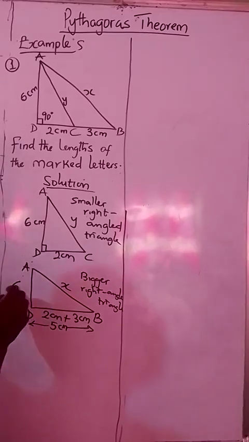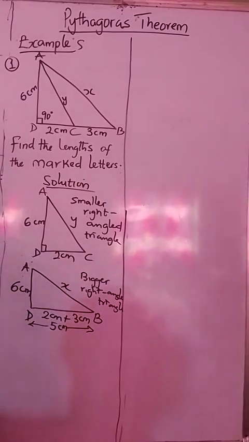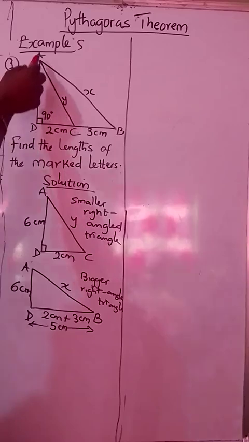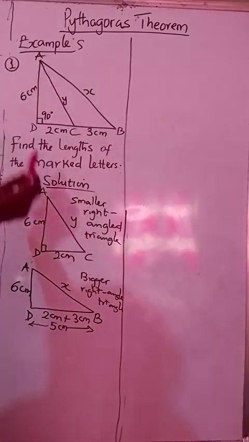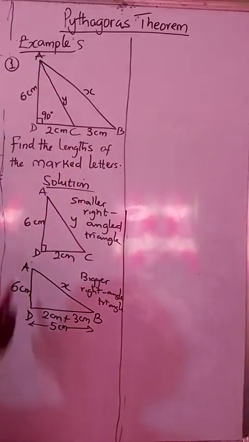Alright? So both of them have the same opposite, 6 centimeters. But the adjacent are different, because for the smaller, by the time you cut the smaller part out, you have 2 centimeters. So we have to find Y and X. Very simple.